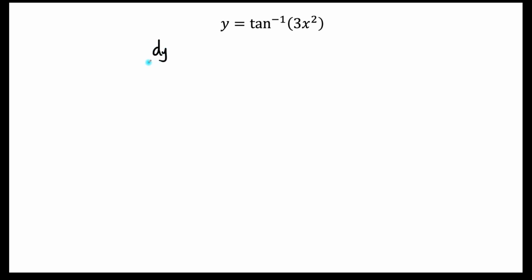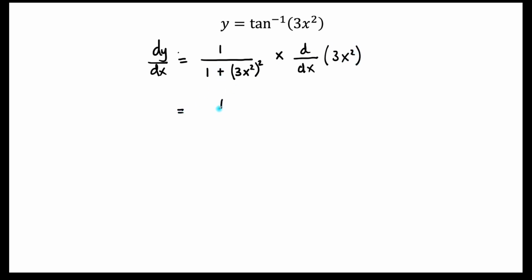So that would be dy by dx, and that would be equal to, differentiating the outer function, which is tan inverse, that will give me 1 over 1 plus (3x squared) all squared, multiplied by the derivative of the inner function, which is 3x squared.